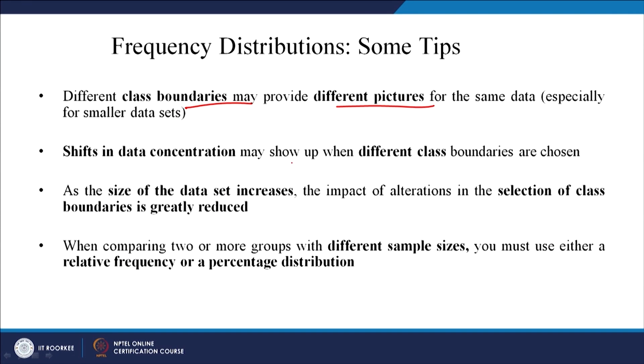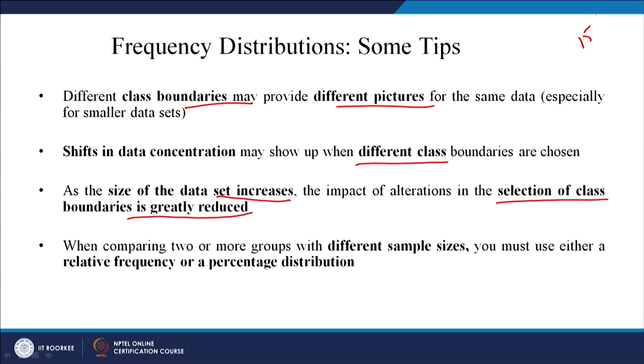A shift in data concentration may show up with different classes. As the size of the data set increases, the impact of alteration in selection of class boundaries is greatly reduced. Now, what happens if you have, let us say, 10,000 data points and 15 classes?